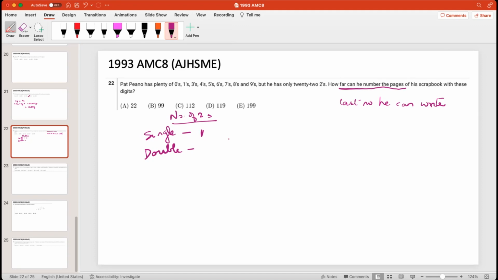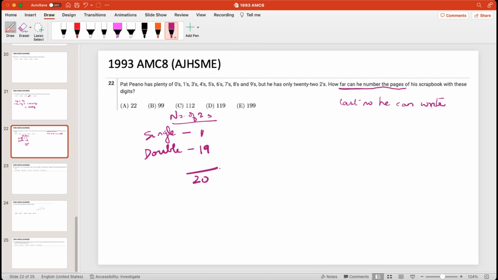Then we have 32, 42, 52, 62, 72, 82, 92. And then in 22, we have 2 twos. So I'm going to count one more. So it's 19. So double digit has 19 twos. So totally how many we have? 19 plus 1, 20. Right, so this makes 20 twos.